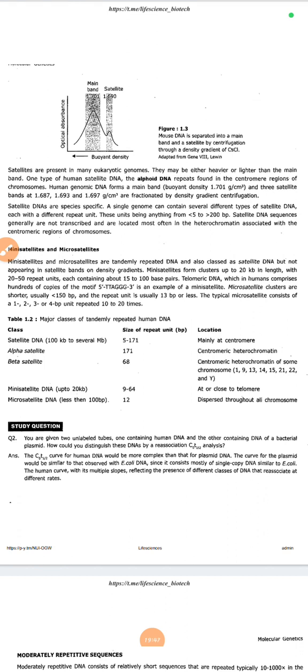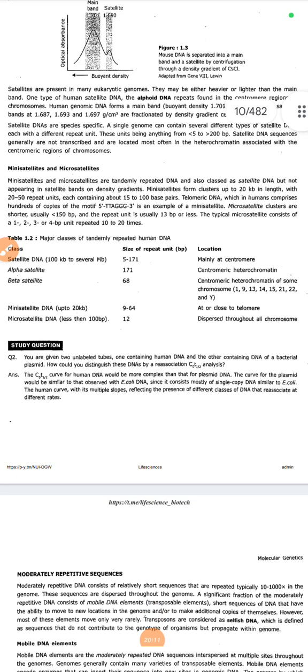Remember, each consists of 20 to 50 repeat units, and the number of bases it contains is around 15 to 100 base pair.